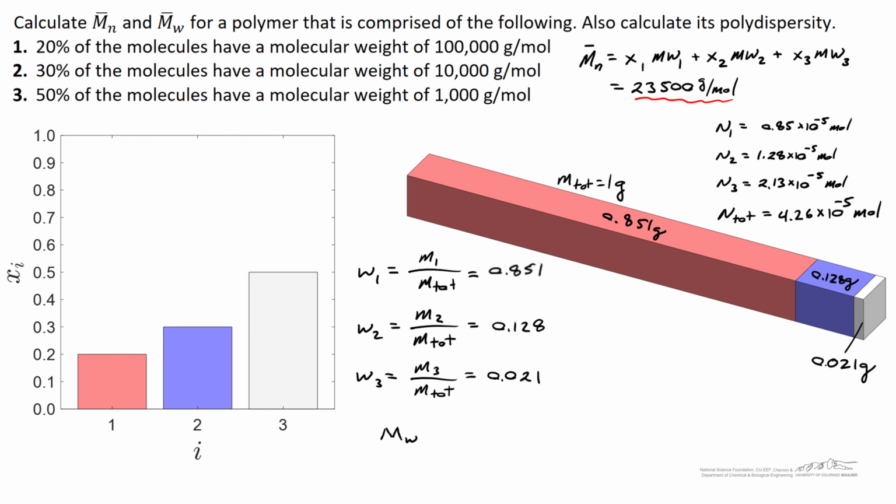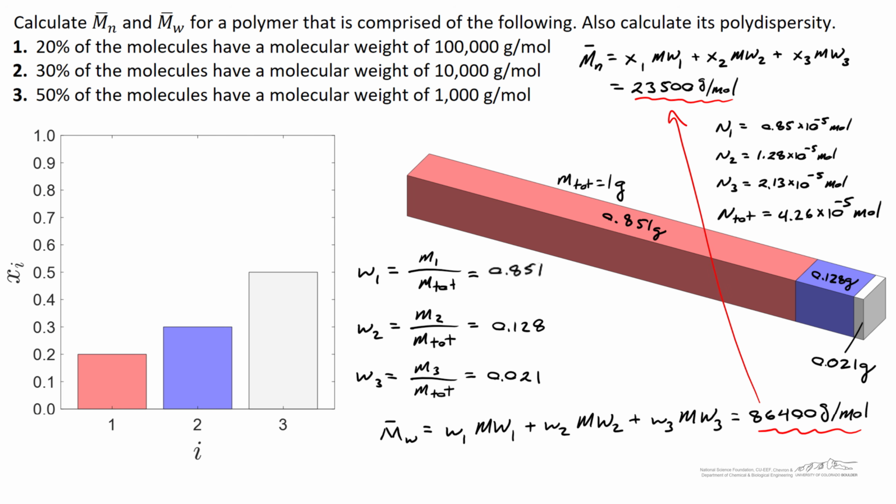Calculating the weight average molecular weight is a matter of multiplying W1 by the molecular weight of 1 plus W2 multiplied by its molecular weight plus W3 times MW3. In doing so, I come up with a weight average molecular weight of 86,400 grams per mole.